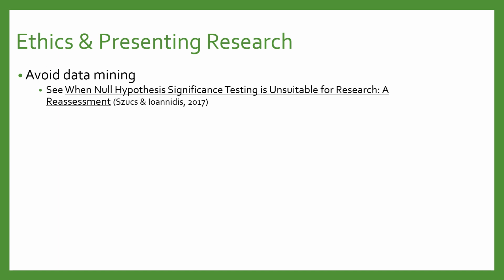So this gets away from fishing for significant results and then writing your paper around those so that you can publish it. They also suggest that raw data should be published. And I'll tell you, I've published several peer-reviewed journal articles and I've never had my data requested, but it is becoming more common, and that makes it harder to falsify results and disincentivizes that data mining.